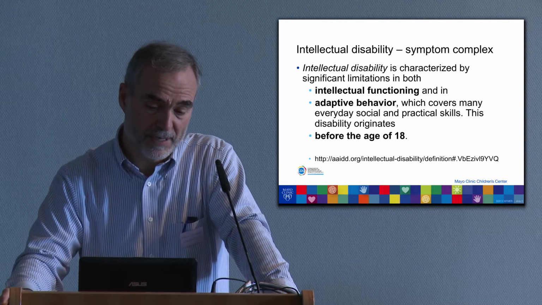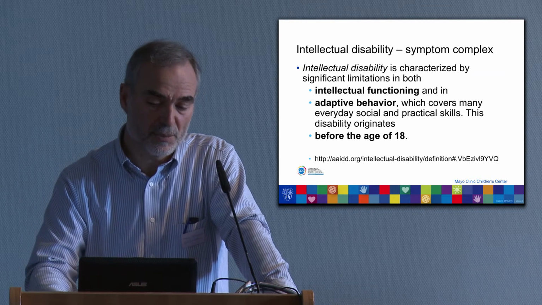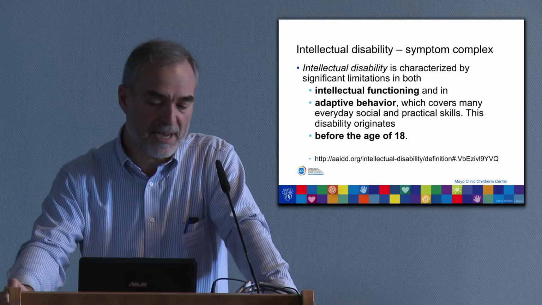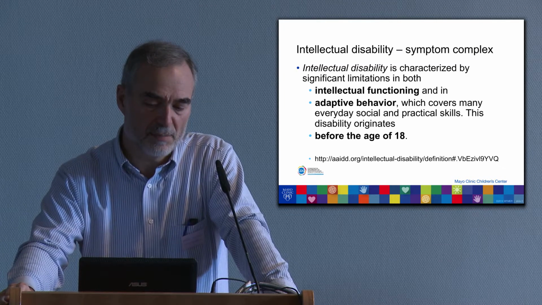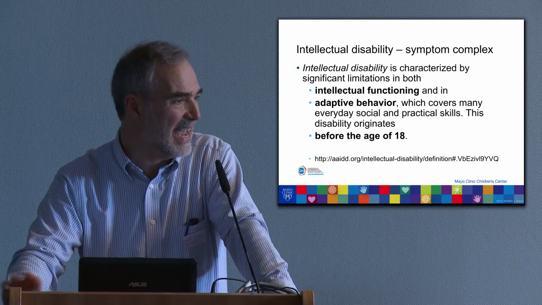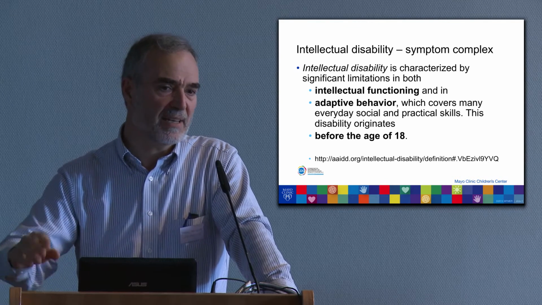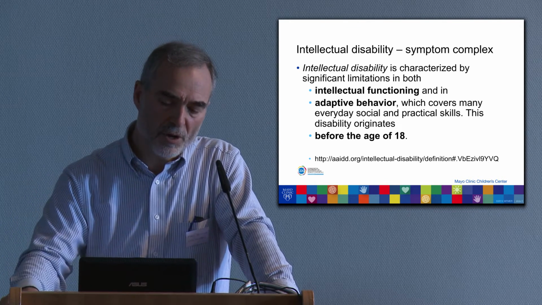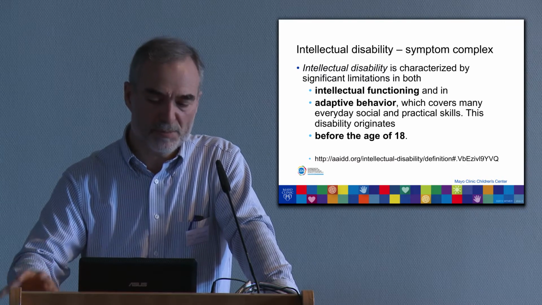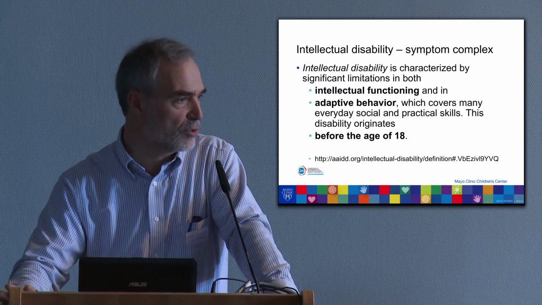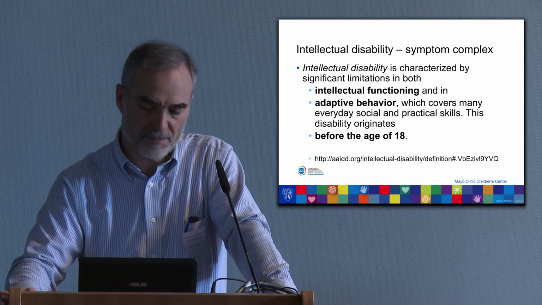But they define intellectual disability as a symptom complex that's characterized by limitations in both intellectual functioning and adaptive behavior. So again, it's not just the number, it's how does this cognitive difficulty cause problems in everyday life, in social skills and practical skills?